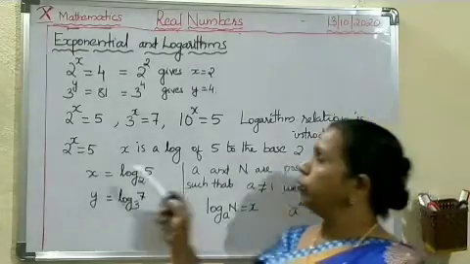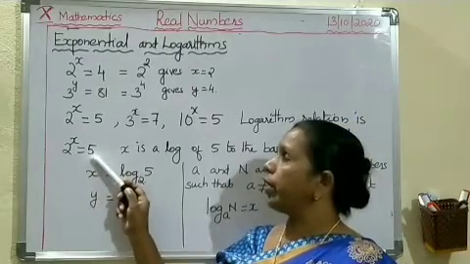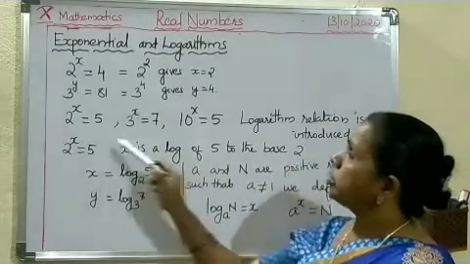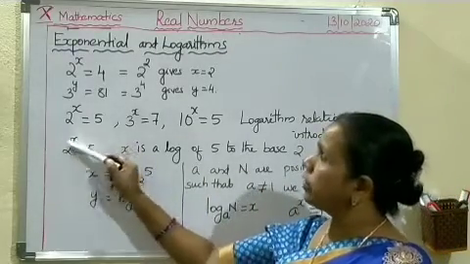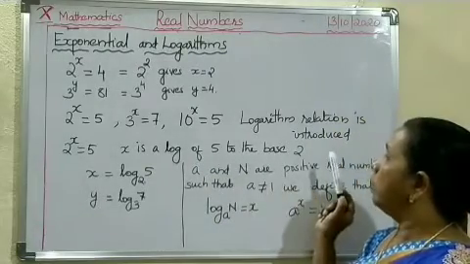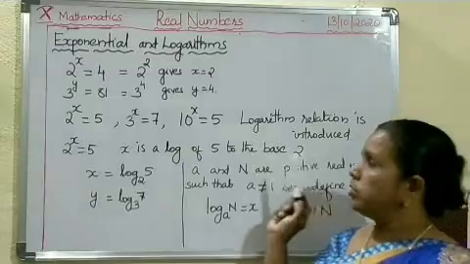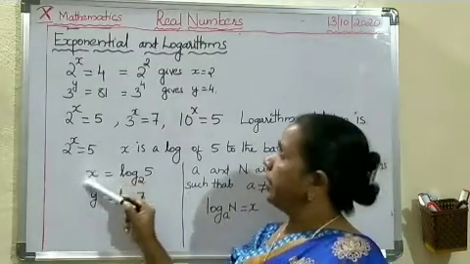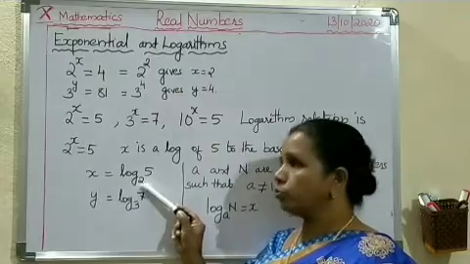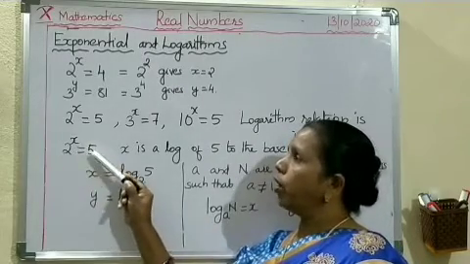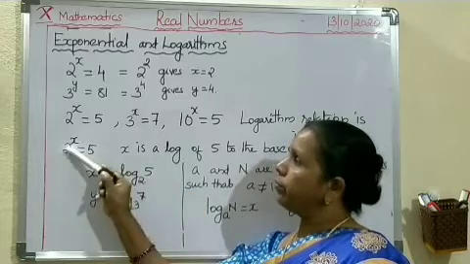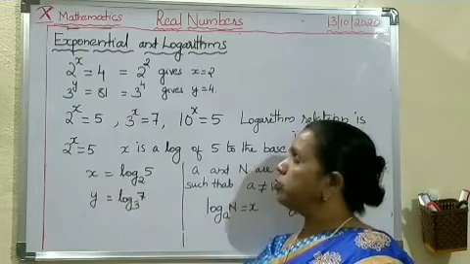That is, 2 to the power x is equal to 5. Then x is equal to log 5 to the base 2.